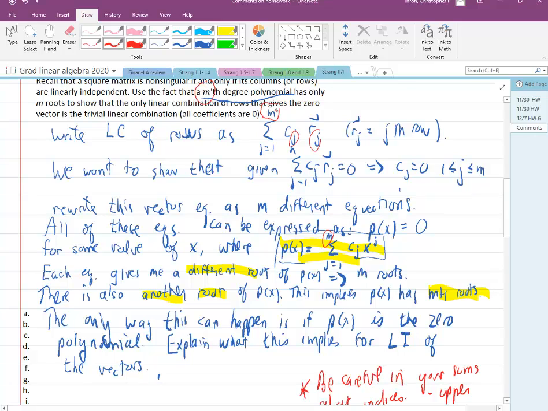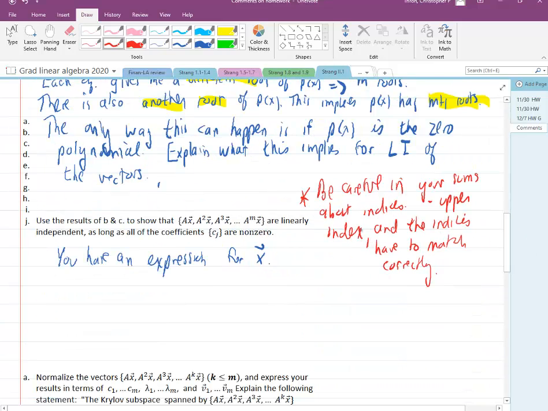So this m is a fixed number. It's not a running index. The j has no fixed value. It can take any value from 1 to m. Okay? So I hope that makes it a little bit more clear the difference between a running index. Sometimes they call them dummy indices. This j, because it doesn't have a fixed value, it's only used for the purpose of the sum. Okay?